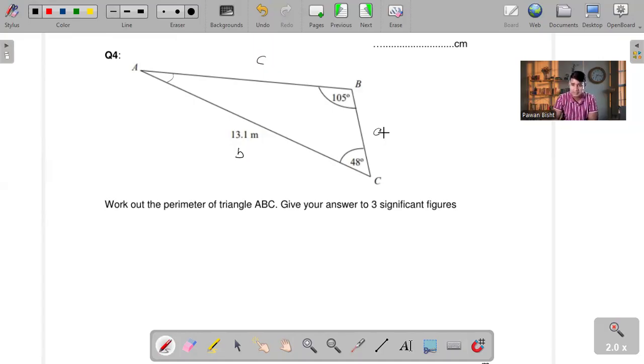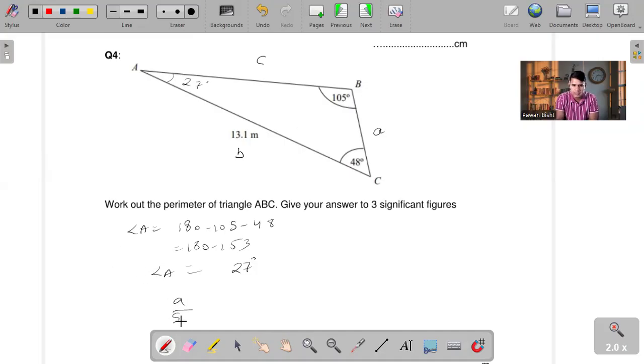Here also we can apply sine rule. Okay. So first we find angle A. Angle A will be 180 minus 105 minus 48. So 180 minus 153. If you subtract, you get 27 degrees. So angle A is coming 27 degree. Now again we can apply sine rule to find a, and then c also we can find.